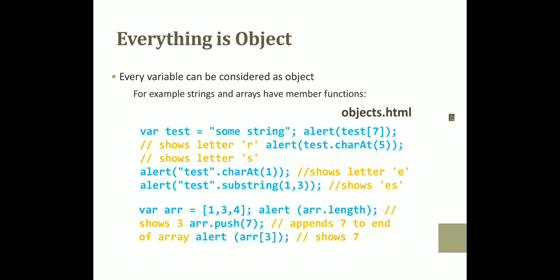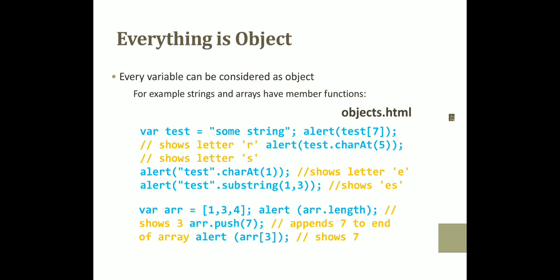We have created one file objects.html here, and we have created one variable test equals to some string and alert test of 7. Then it shows the letter R. Like alert test dot char at 5, it will show the character at place 5.